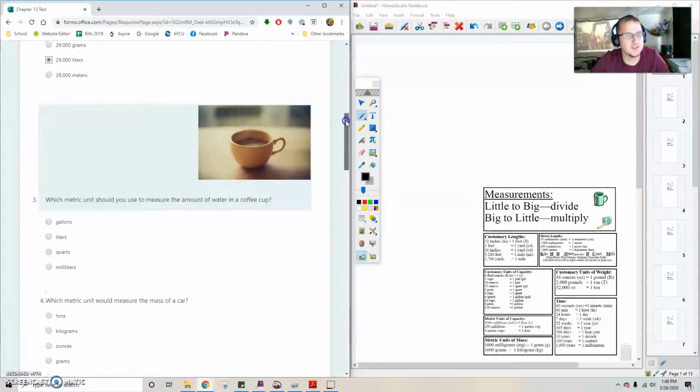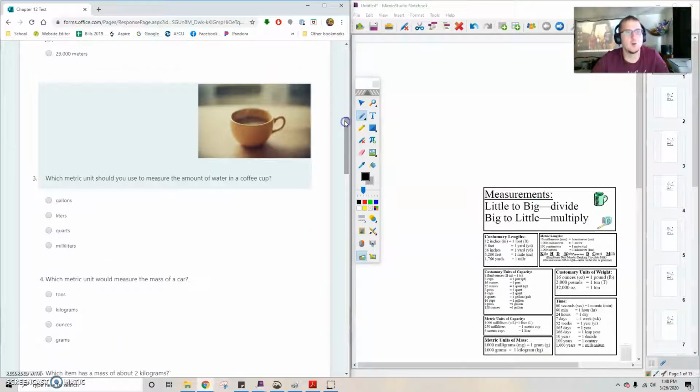Moving along to question number 3. Which metric unit should you use to measure the amount of water in a coffee cup? Okay, coffee cups are small. If we were talking customary, we would be talking a cup, 8 ounces. But we're not talking customary. So we can throw out gallons and quarts because those are customary measurements, and it asks which metric unit.